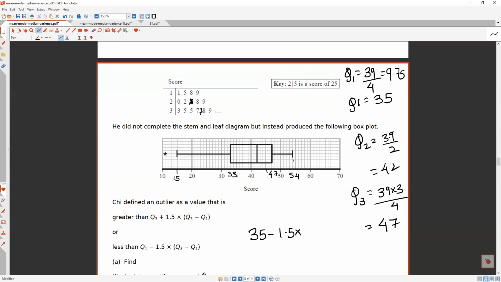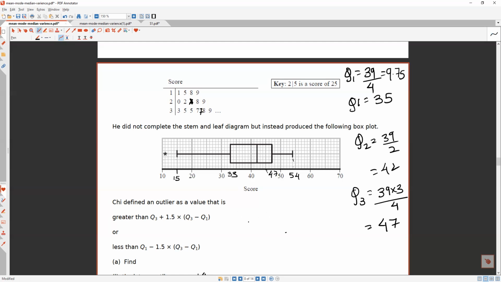What is my interquartile range now? 47 minus 35, that is 12. So what do you get? The lower fence is 17. Anything less than 17, do I have anything less than 17? Yes, I have 15 and 11. So anything less than 17 is an outlier.